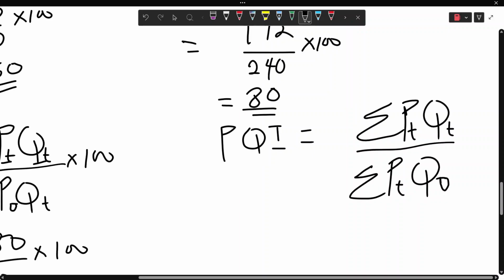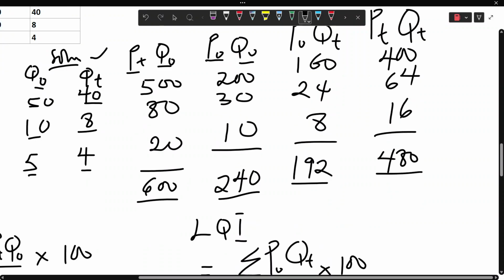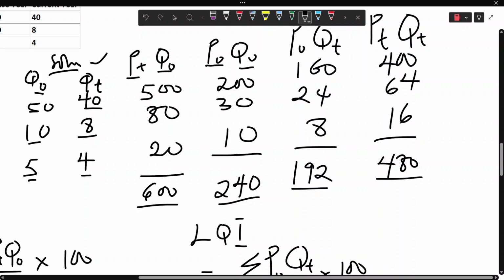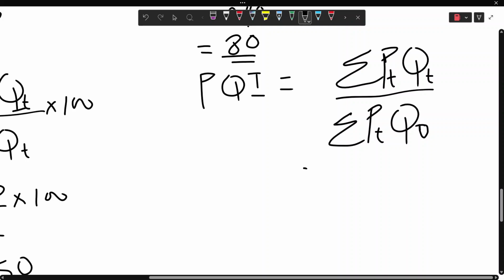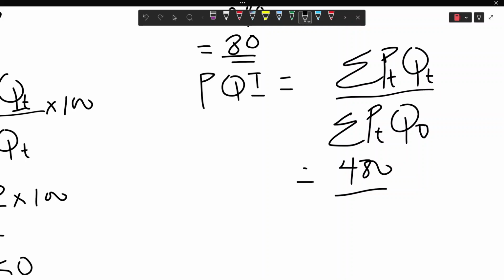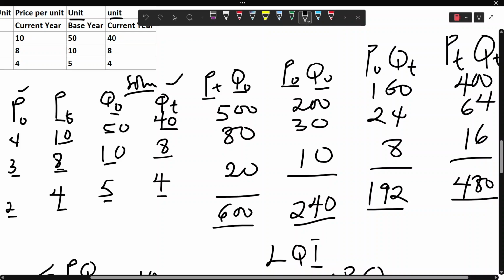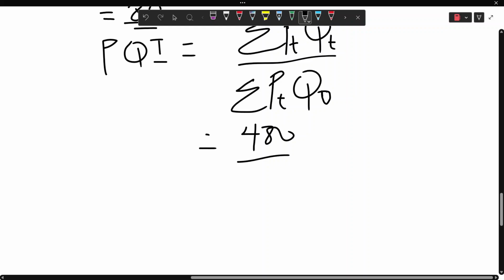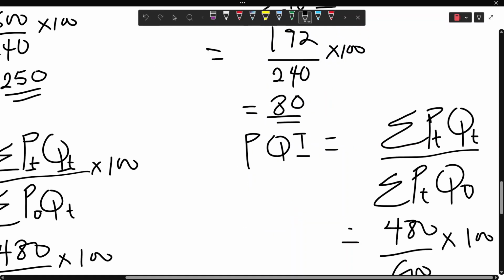We already have the 480, which we found up here, that's current year prices multiplied by current year quantity. 480 divided by the current year prices and base year quantity, the summation of which is 600, times 100. Also giving us 80.